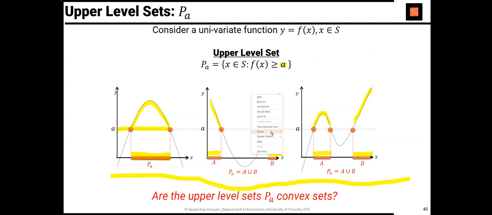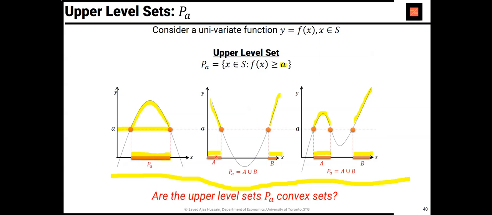Now ask yourself the question: are these x's, so that the value of the function at those x's is bigger than or equal to a, a convex set? Meaning that if I pick 2 points in this, is any weighted combination of those 2 points always in the set? Yes, right? No matter which 2 points I pick in this orange region, any weighted average will always be in the orange region.